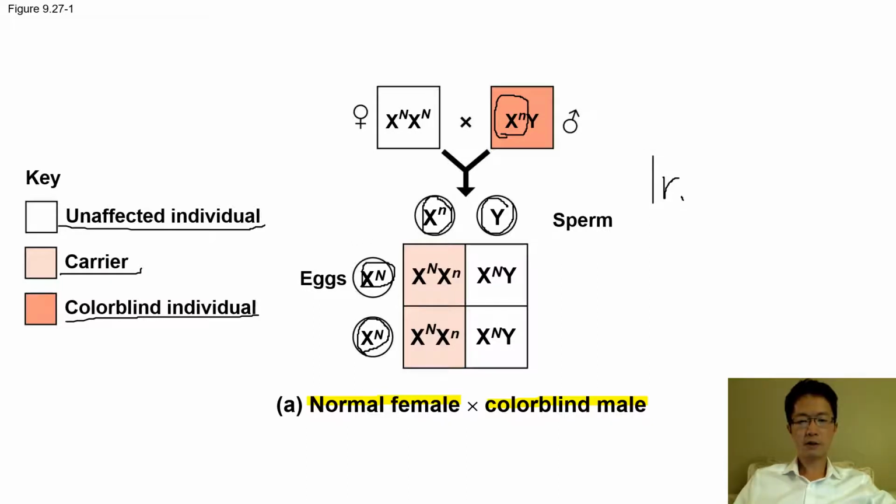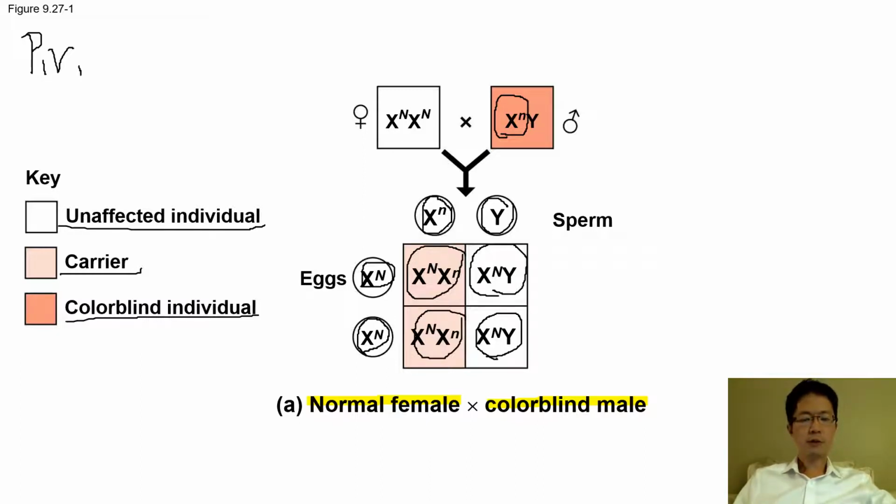So the phenotypic ratio of all the children, as we can see, has 2 carriers and 2 unaffected.